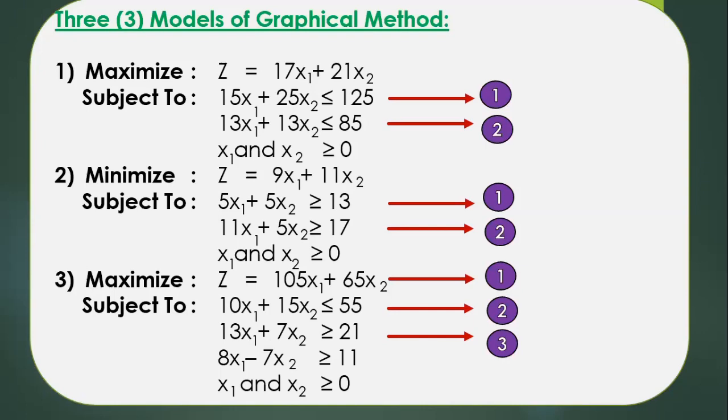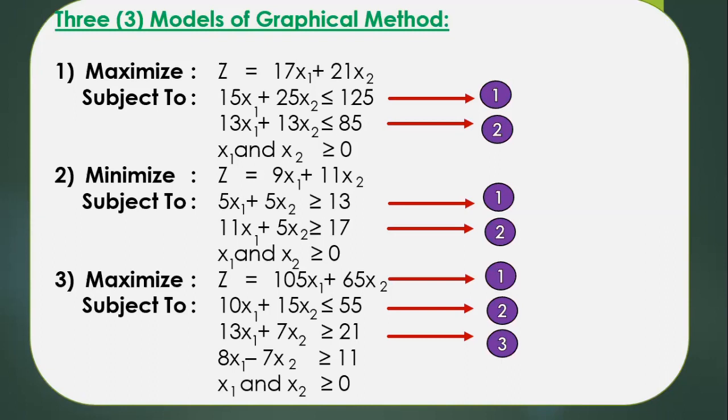As you can notice, there are three models of graphical methods presented. First is the maximization model with two linear structural constraints. Second is the minimization problem, which has two linear structural constraints. And finally, the last model is the maximization model with three linear structural constraints.